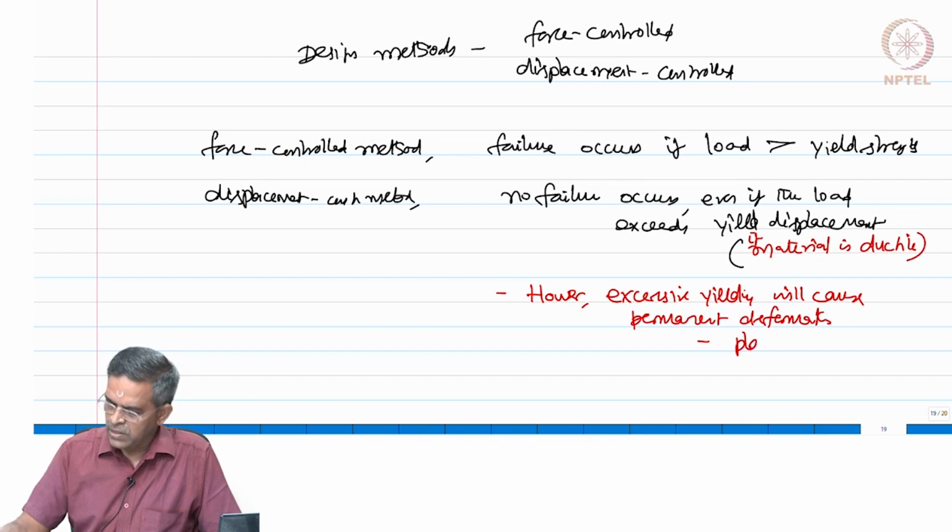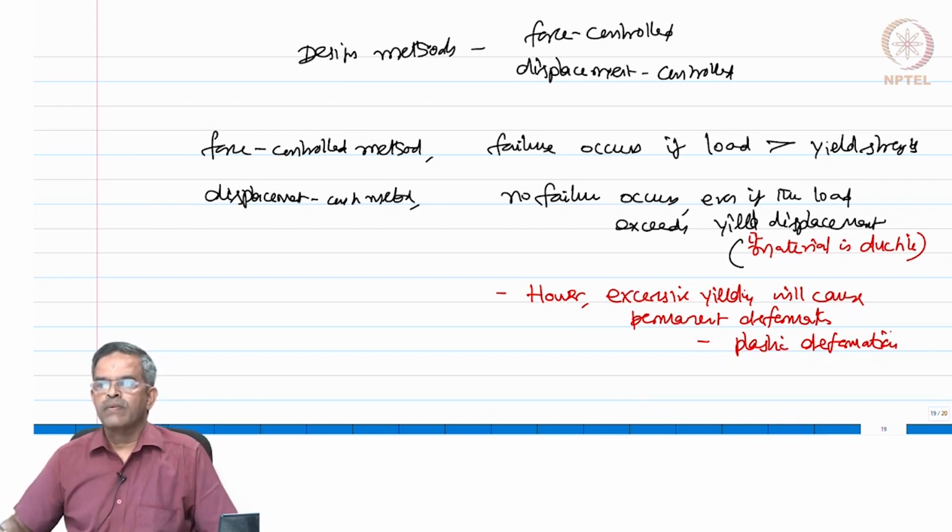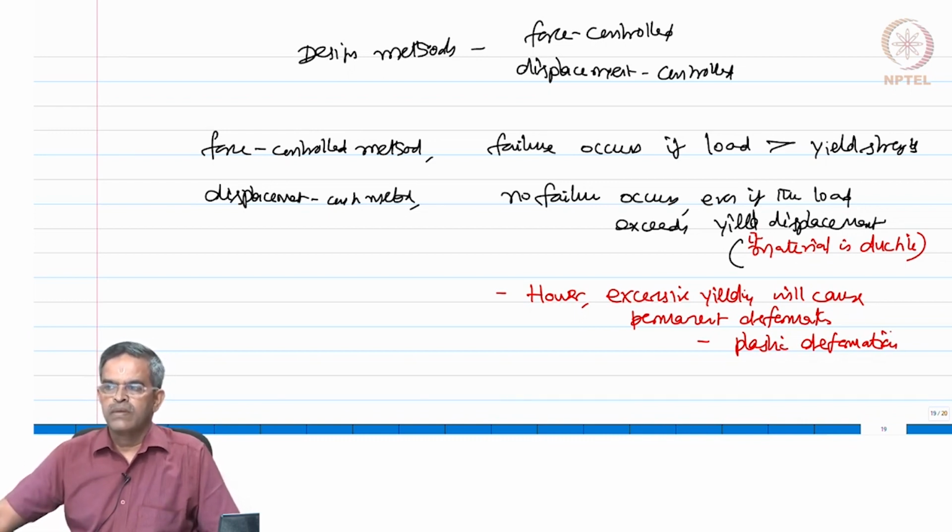This is termed as plastic deformation. So, let us say what would be the concept of plastic design now based on this.